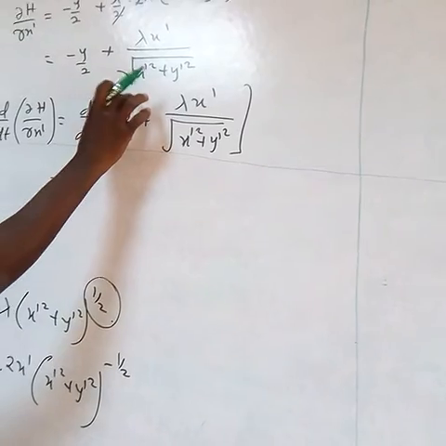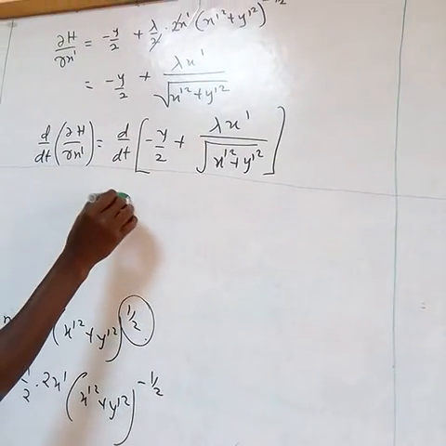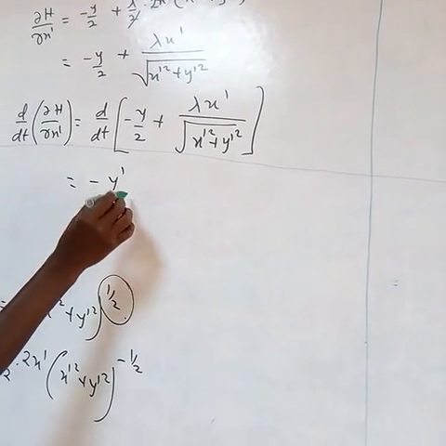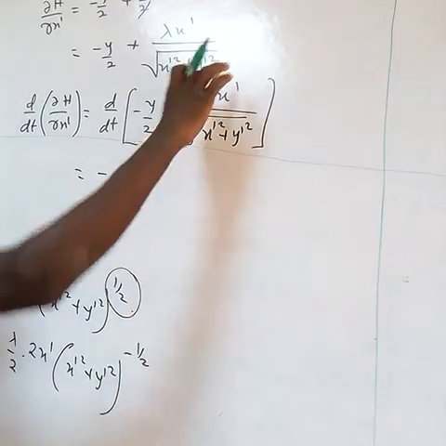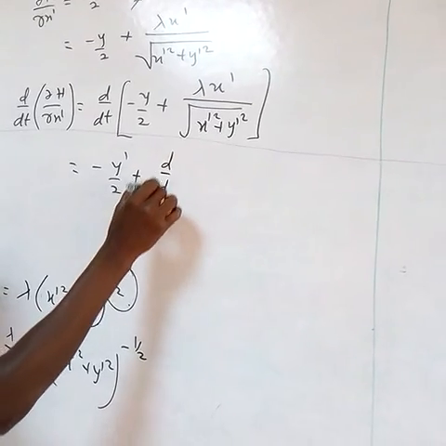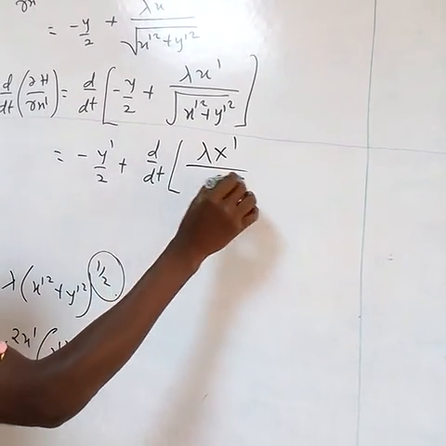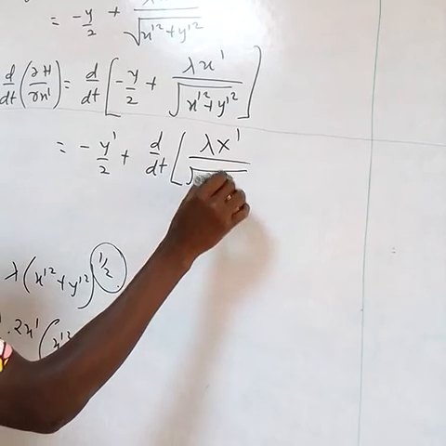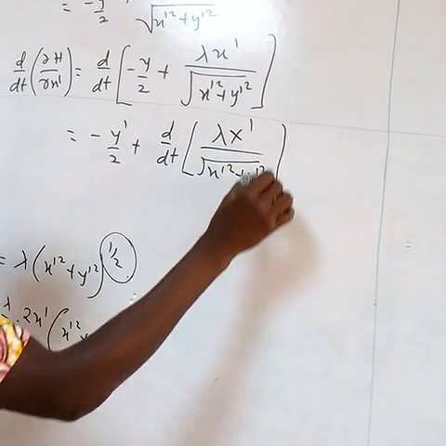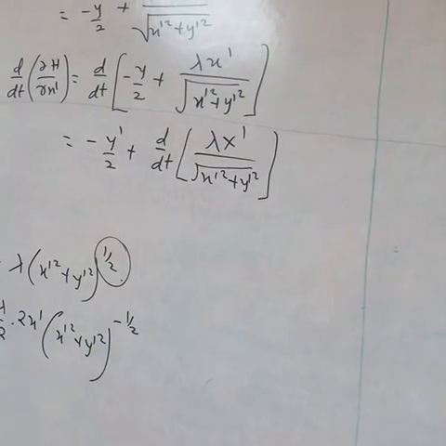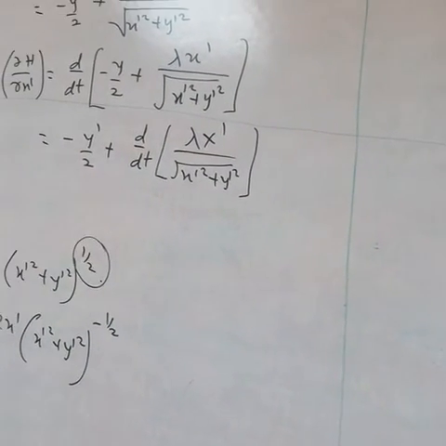So what is the differentiation of y? It is still the same as y prime against 2 plus, just bring this into this, you are going to have d dt into lambda x prime against square root of x prime squared plus y prime squared. So let's leave this like this without differentiating.